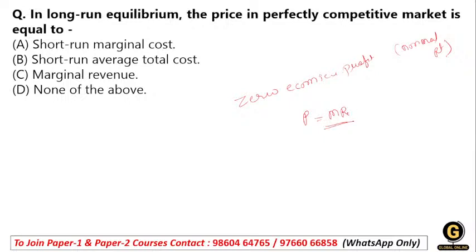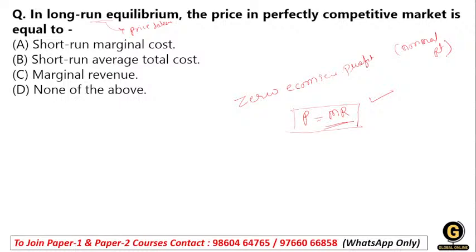Such a firm is a price taker, like in perfect competition. So when you are a price taker in the market, price is equal to marginal revenue in the long run.